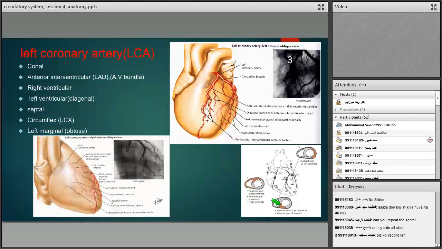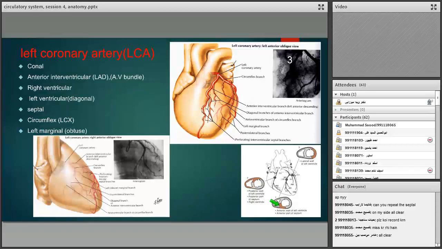We said that the superior 4/5 of the interventricular septum is being supplied by the LAD, and the inferior 1/5 is being supplied by the PAD.